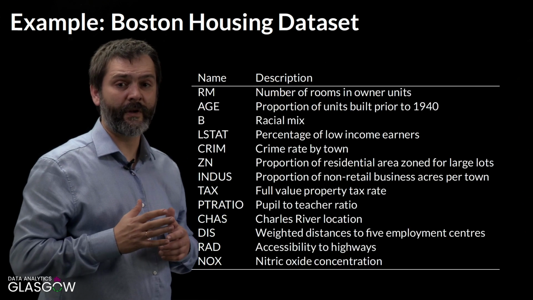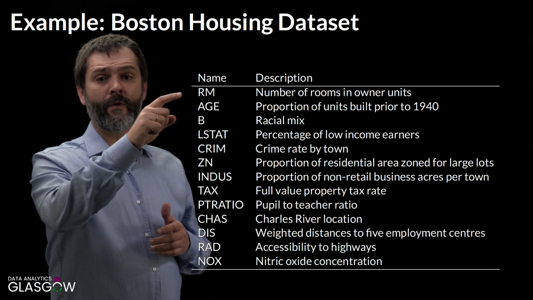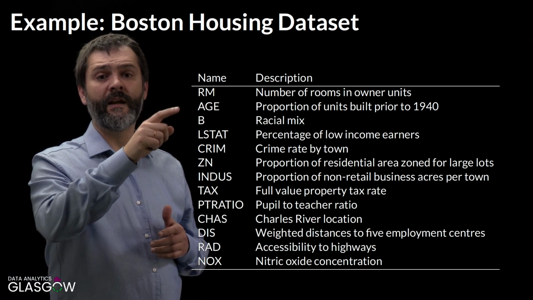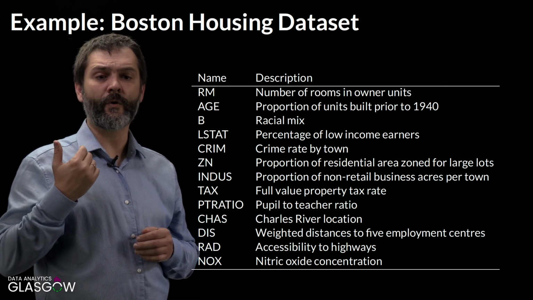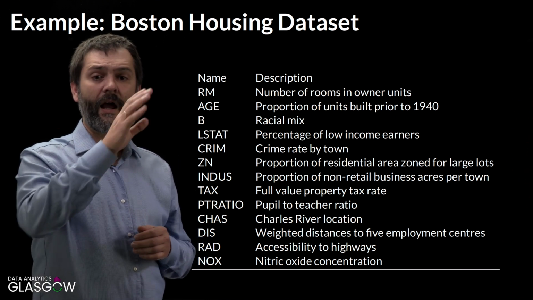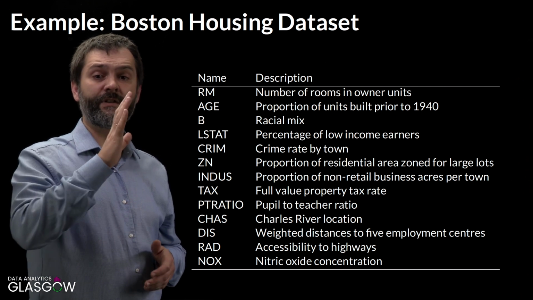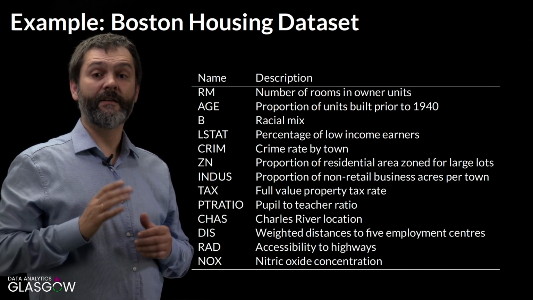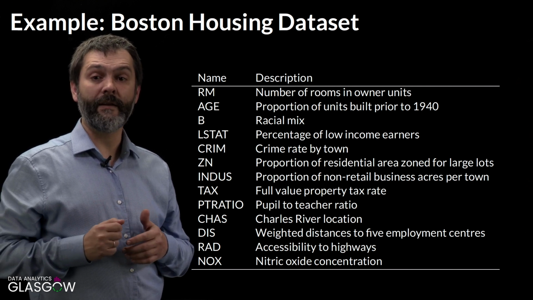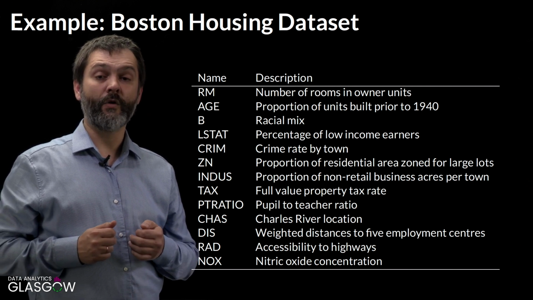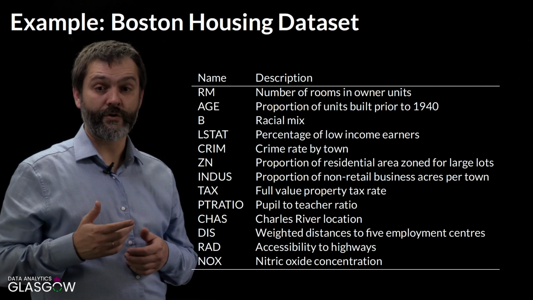The variables will be like the number of rooms in the house, the age, which is the proportion of houses built before 1940 and after 1940, and so on. There are 13 explanatory variables. Let's try to establish a linear model over these and estimate the parameters of this linear model using a Bayesian approach.